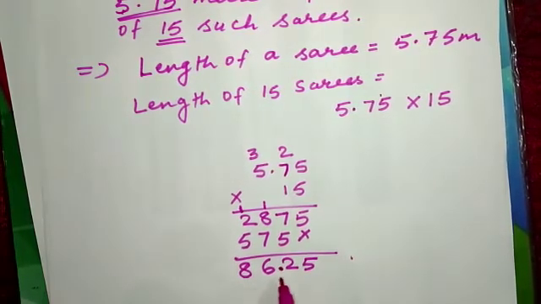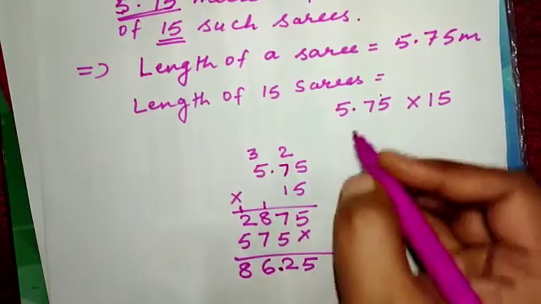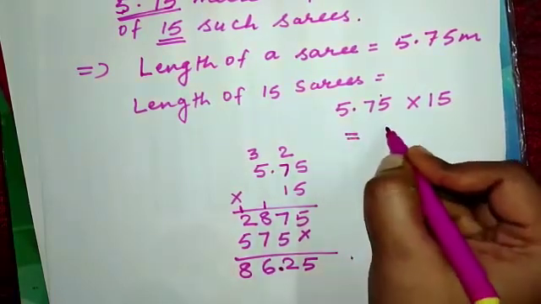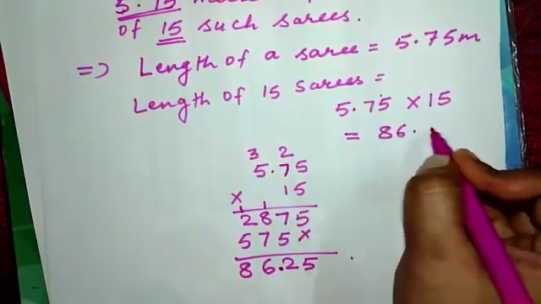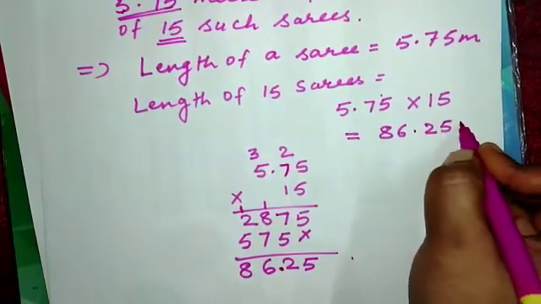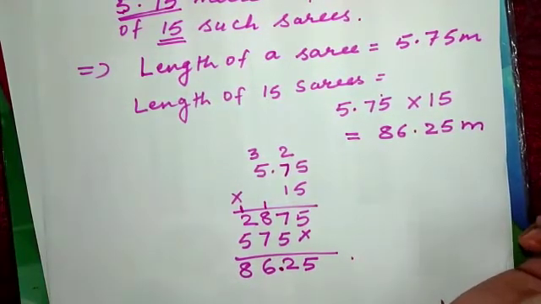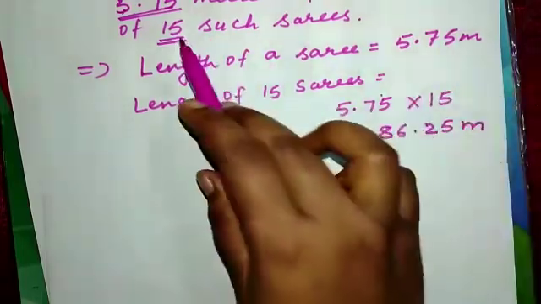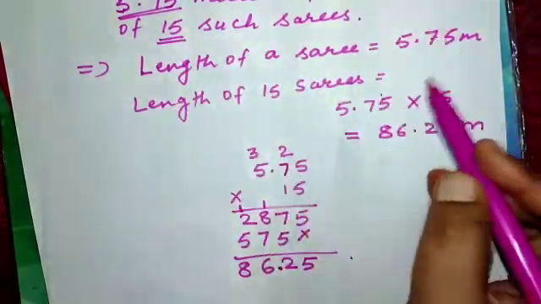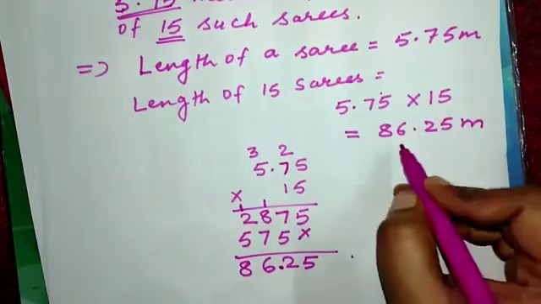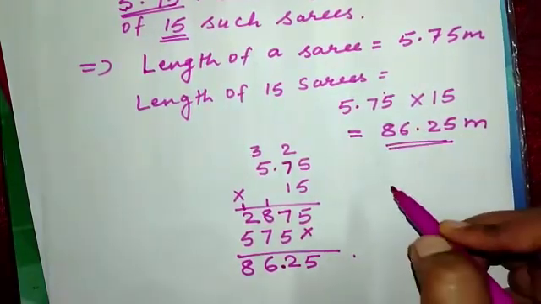So your answer is 86.25. We will write here 86.25 meter. If we see the length of 15 such saris, what did we get? 86.25 meter.